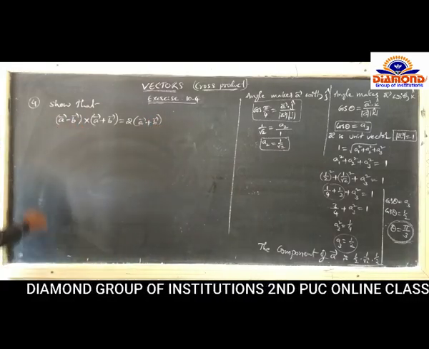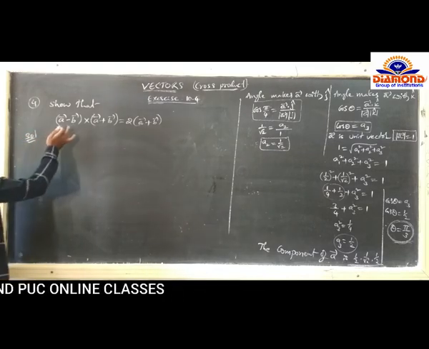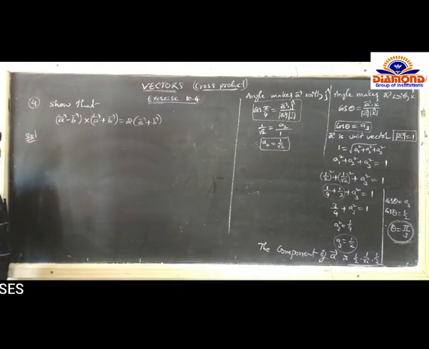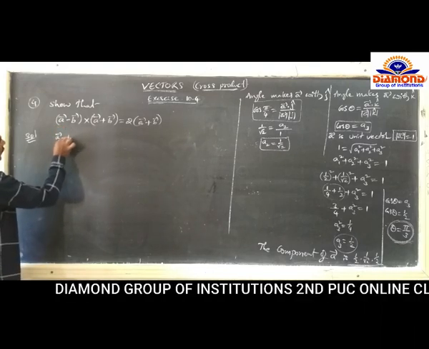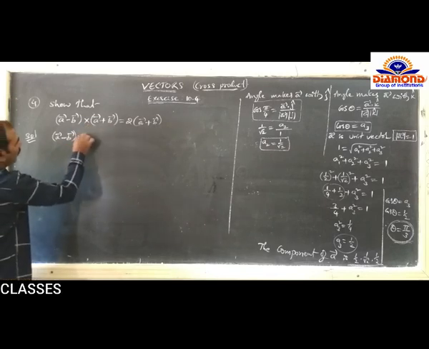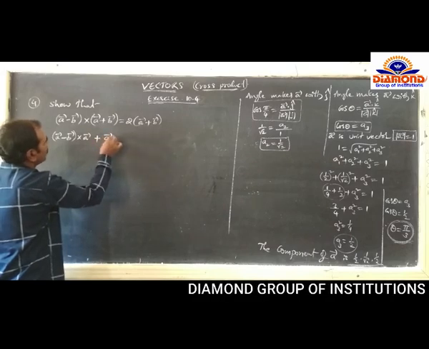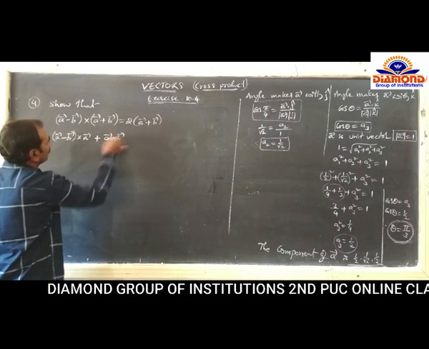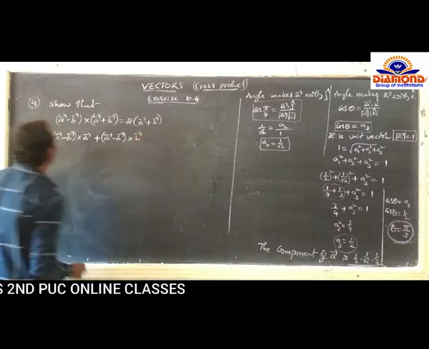A simple solution. Distributing, it becomes (a minus b) cross a bar plus (a minus b) cross b bar.